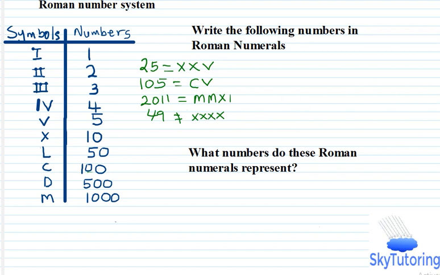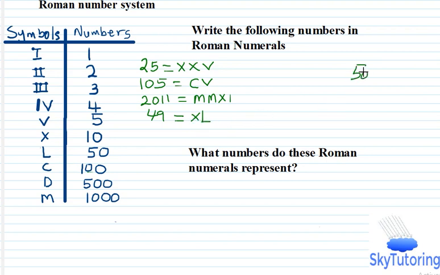Rather, what we will do is we will say 40 is 10 less than 50, okay? So we know the Roman numeral for 50 is L, while 10 is X. So this is the way we will represent 40 in the Roman system. So it will be 50 minus X, okay?